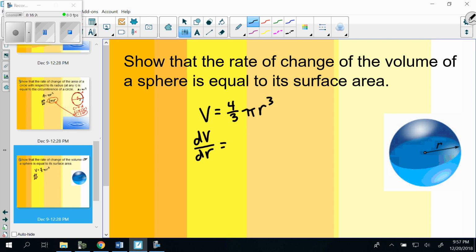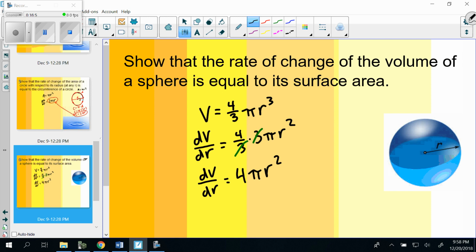So let's take the derivative of the other side. Bring down the 3, and the new power should be 2. If we multiply 4/3 times 3, those 3's would actually cancel out. So we get 4 pi r squared.